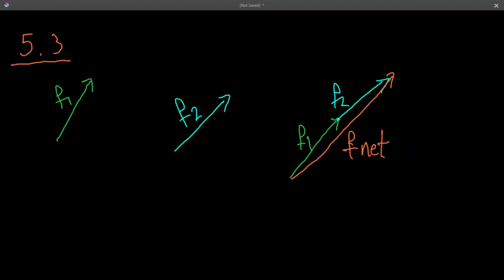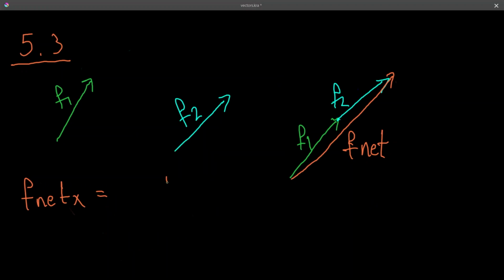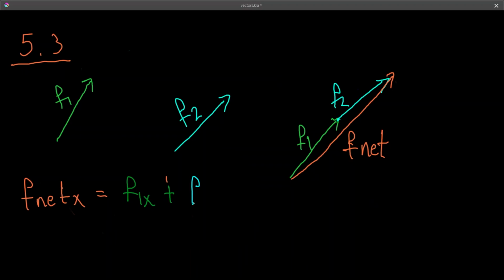And if you're wondering how to get the value of F net, or what's the magnitude of F net, all you'd have to do is calculate F net x, which would be F1x plus F2x. That's F net x.